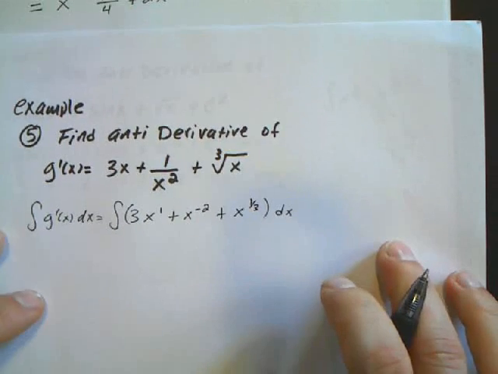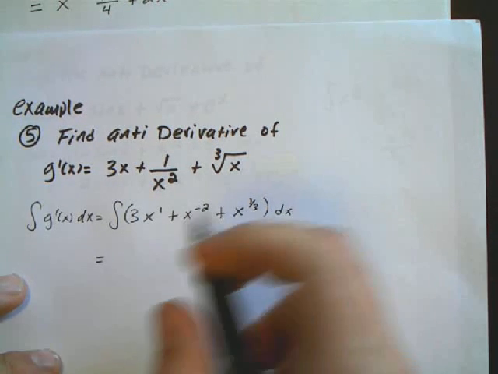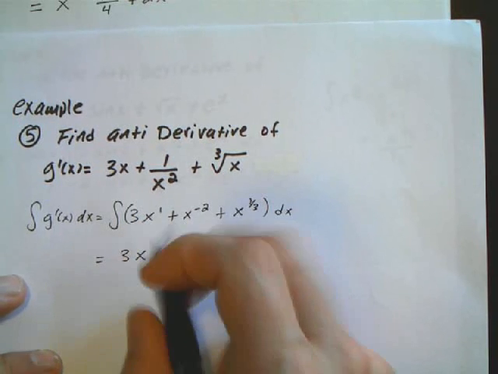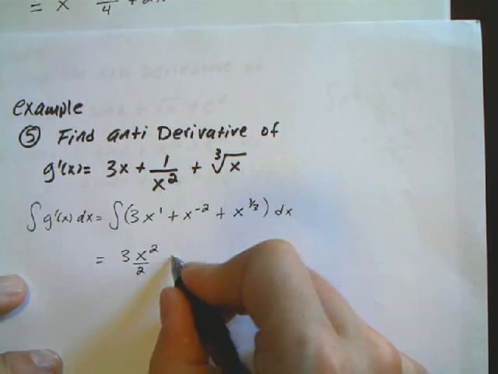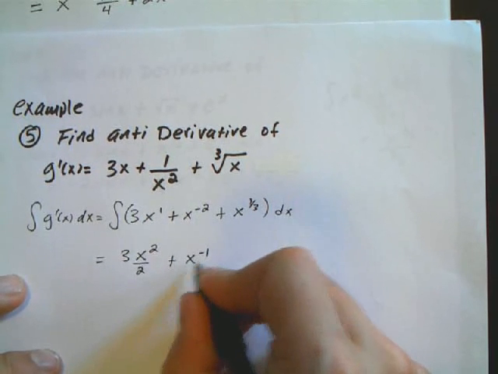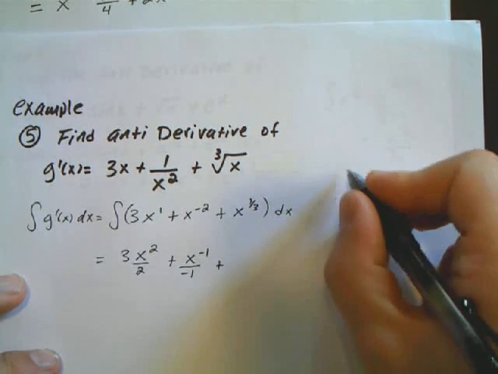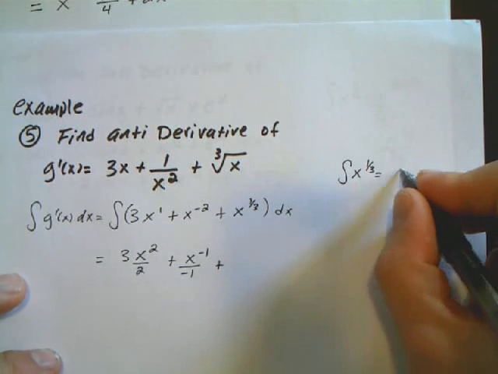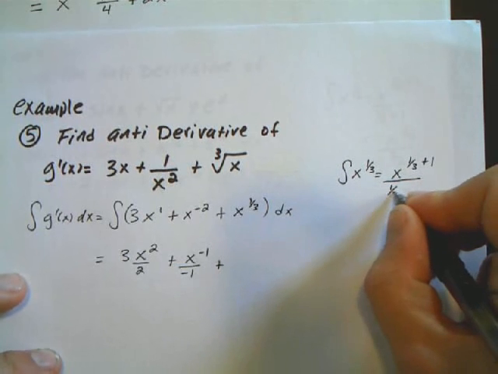I go ahead and apply the power rule to each term. This now turns into 3x. Add this power by 1, so it's going to be squared all over 2. If I go ahead and add this by 1, it's x to the negative 1 over negative 1 plus, and we'll go over here on the side and add x to the 1/3 plus 1 all over 1/3 plus 1.